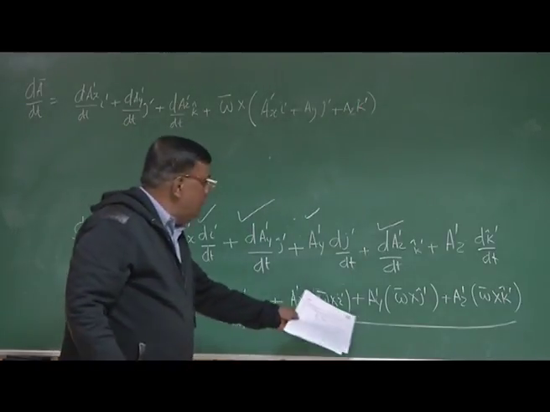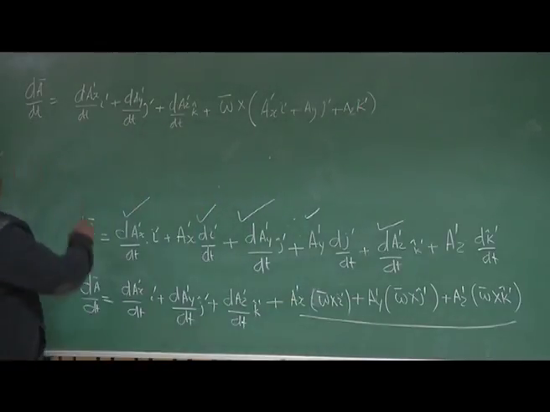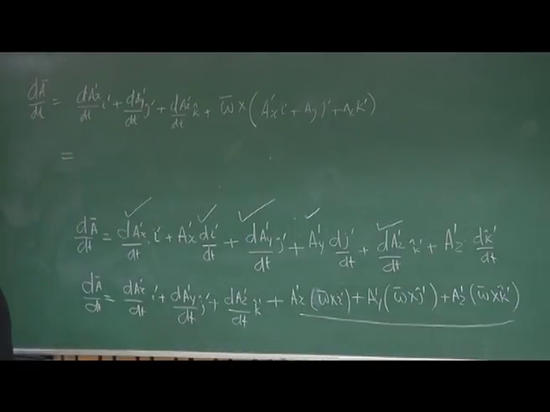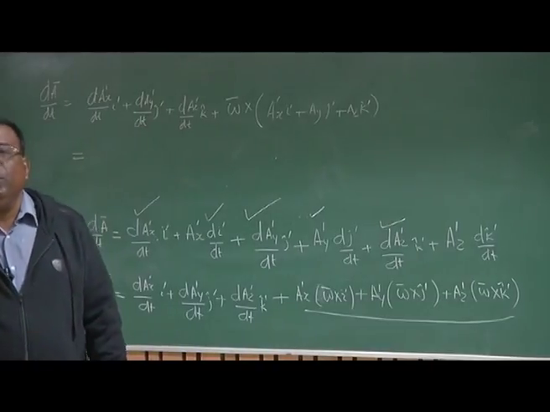This I simply take common. So this tells me what? This is dAx prime by dt, dAy prime by dt, dAz prime by dt. That is the beauty.